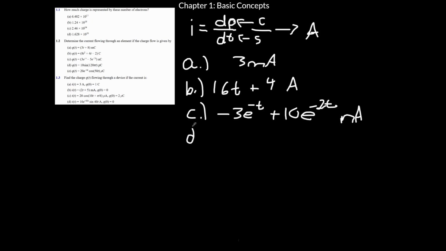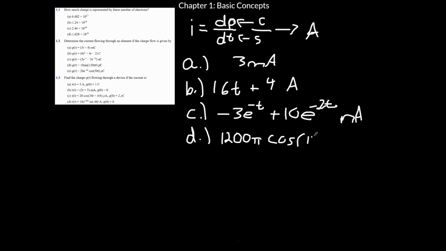And then for D, we have our sine function. We're going to multiply what's on the inside by what's on the outside, which is just going to be, wow, okay, 1200 pi, and that's going to be a cosine now.